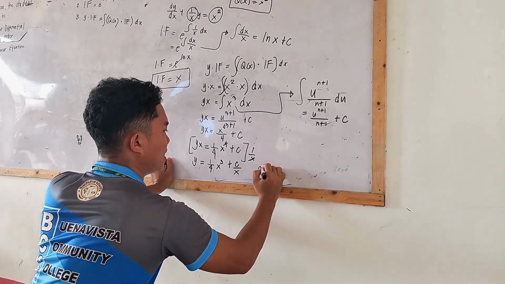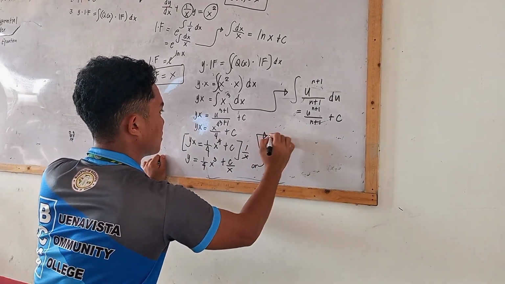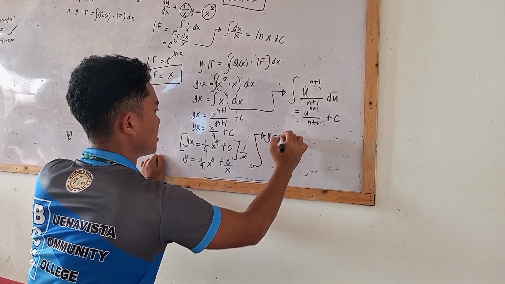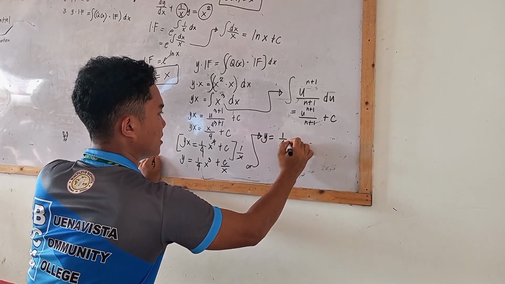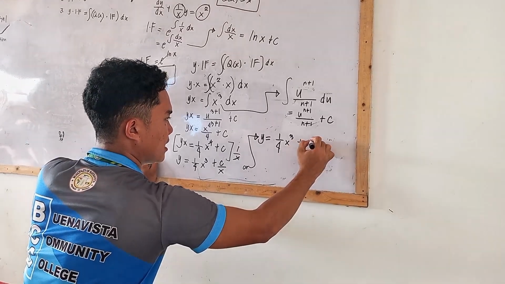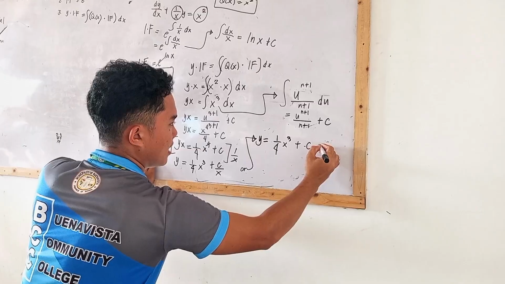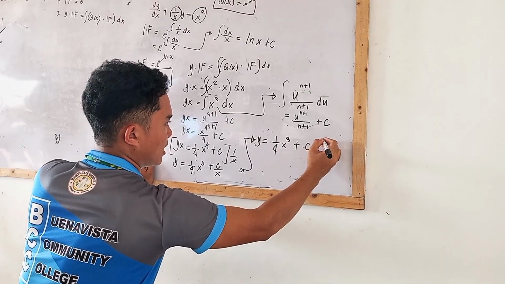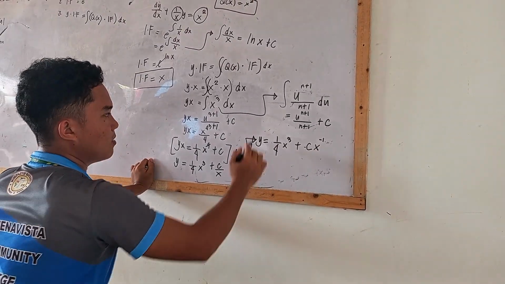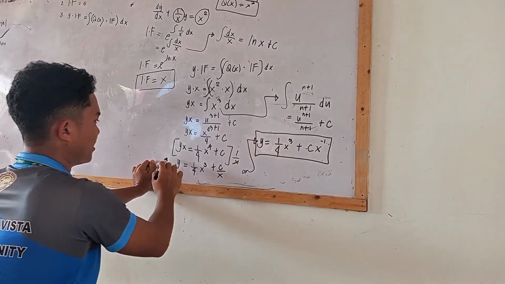Or we can rewrite this answer as y equals 1/4 x cubed plus c times the reciprocal of x, which is x raised to -1. So now, we have the final answer.